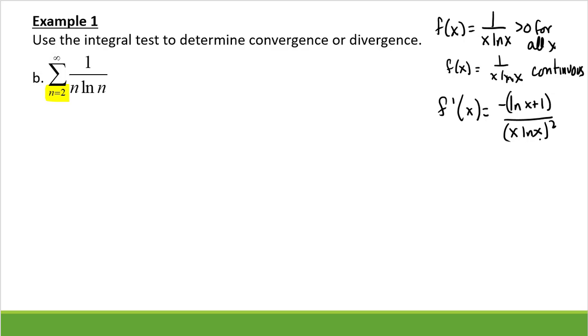Okay, this is always less than 0 for all x greater than or equal to 2. So then I can say that I can set up my limit as b goes to infinity of my integral from 2 to b of 1 over n ln n.